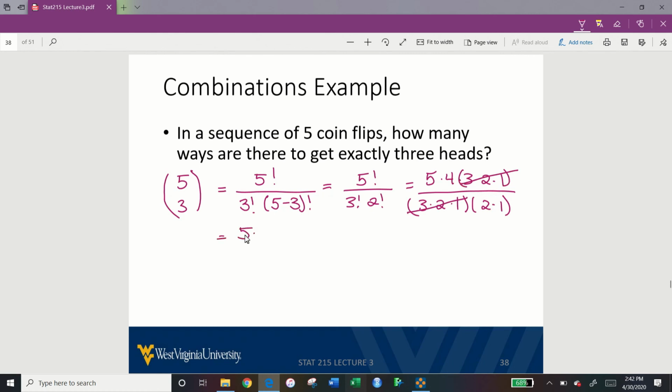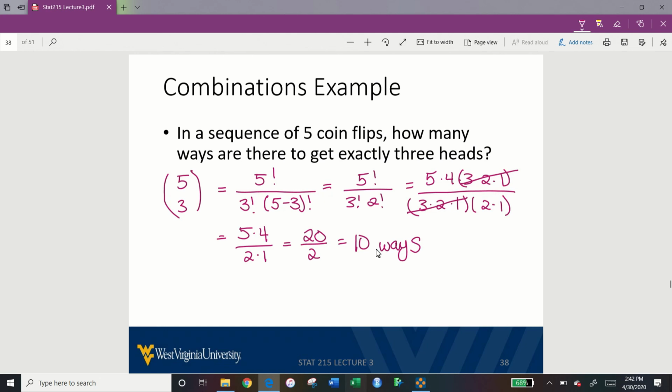So that's going to leave 5 times 4 over 2 times 1, which is going to equal 20 over 2, or 10. So, in answer to our question, how many ways are there to get exactly 3 heads when we have 5 coin flips? There are 10 ways.